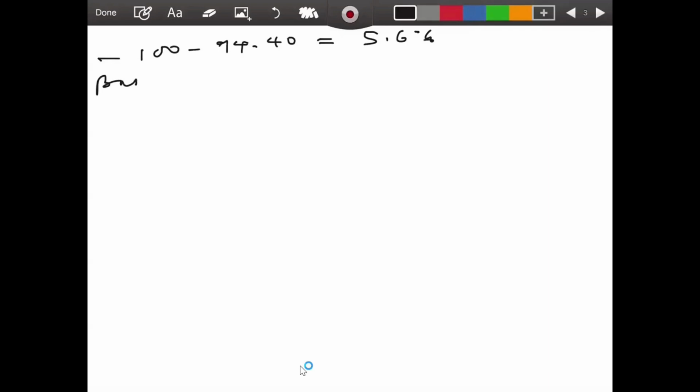Basis is equal to opening futures price minus opening spot rate. Opening futures price, which is 5.6, minus opening spot rate 5%. That gives 0.6%.